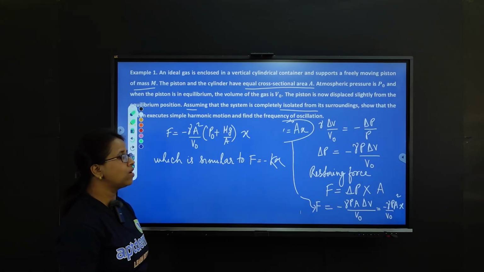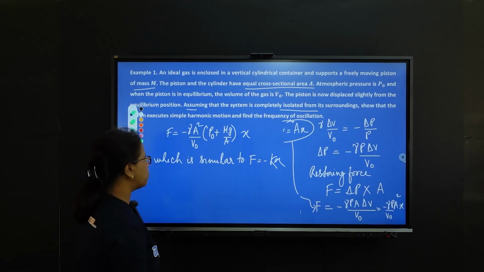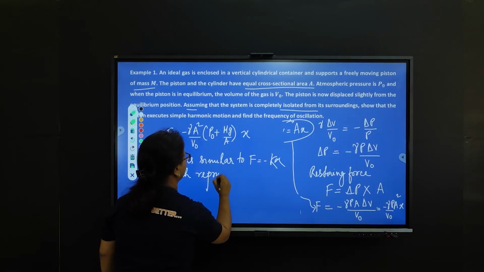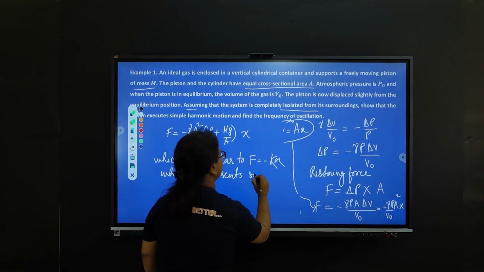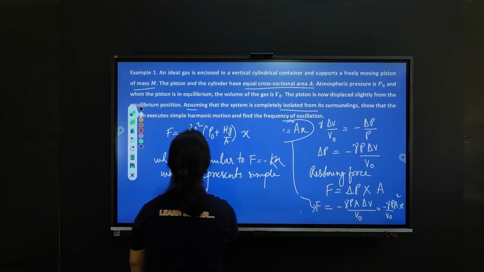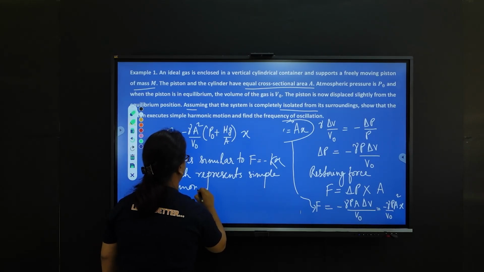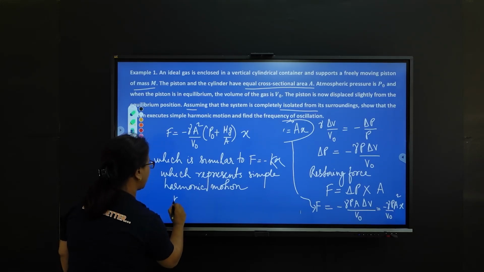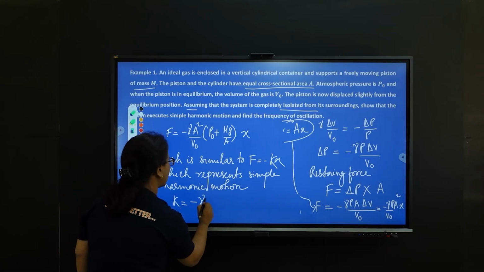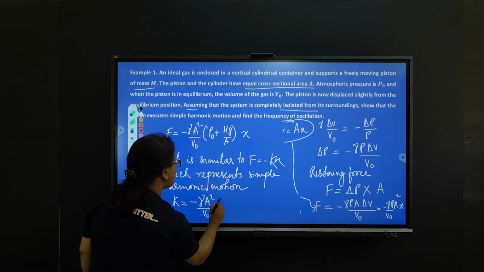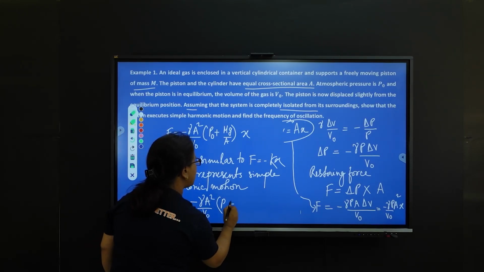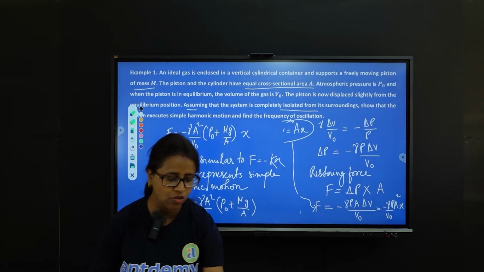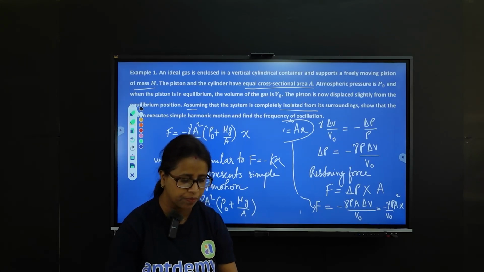This is representing the equation of simple harmonic motion, where the force constant, or the value of K, may be given as gamma A square by V naught times P, which is P naught plus mg by A. So this is the equation of simple harmonic motion in fact.